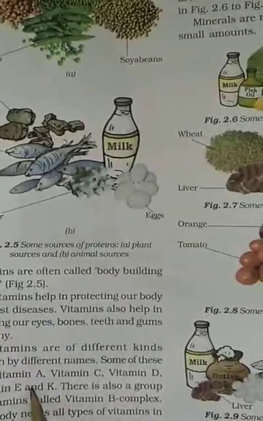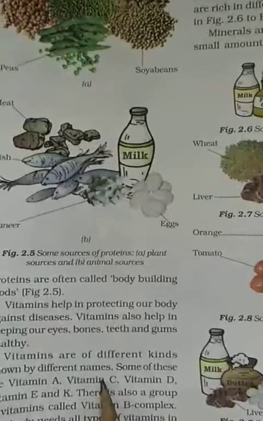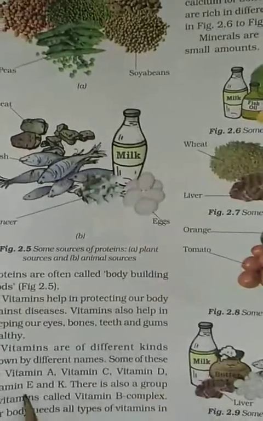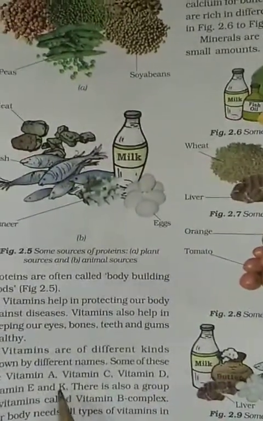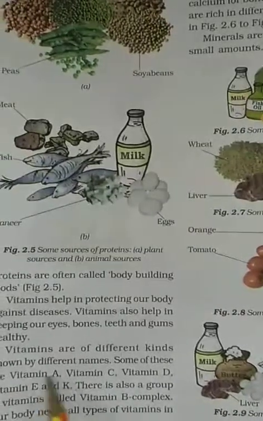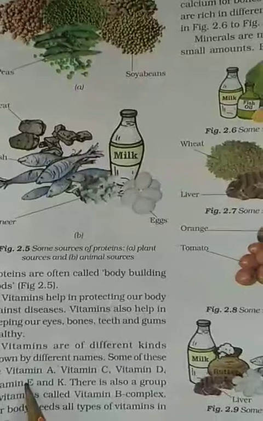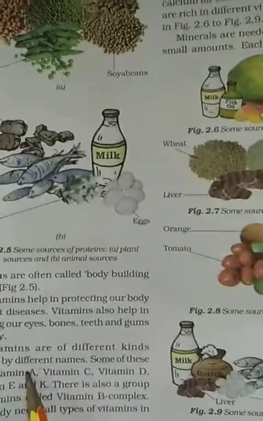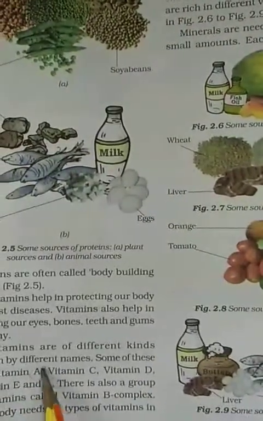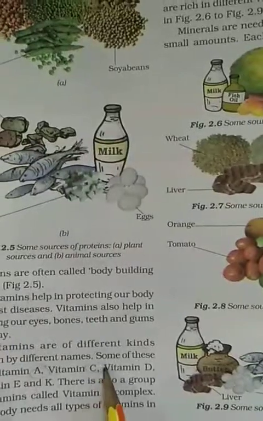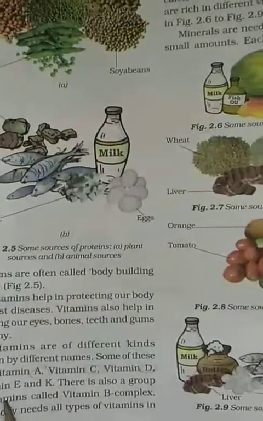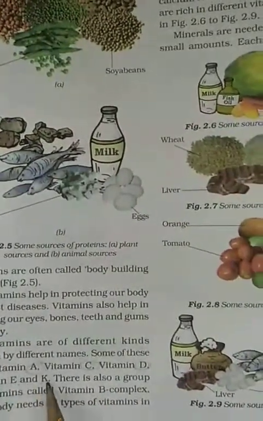Some of these are vitamin A, vitamin C, vitamin D, vitamin E and K. These are the different forms of vitamins. As we have seen, carbohydrates are present in the form of starch and sugar. Vitamins are also of different types, that is vitamin A, vitamin C, vitamin D, vitamin E and vitamin K.